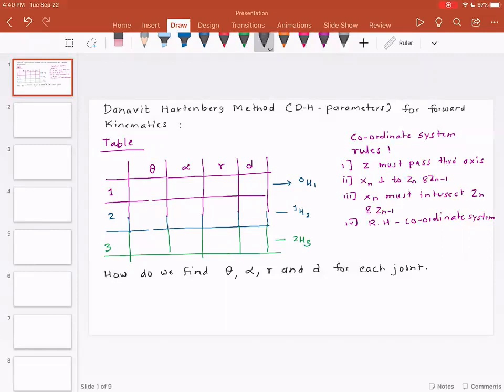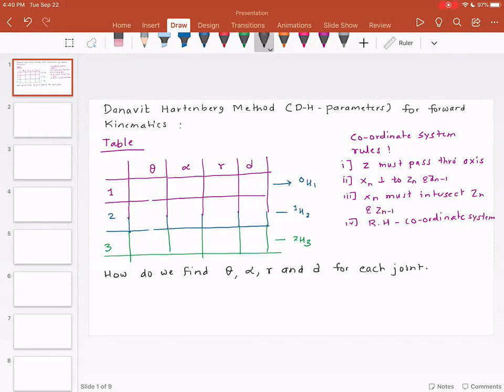And what I'm going to do is define term by term what theta means, what alpha means, what r means, and what d means. Sometimes they may look a little confusing, but once you get familiar, it will make sense.